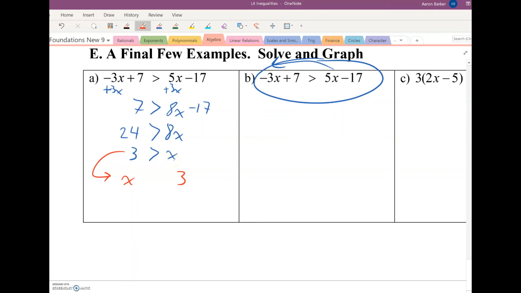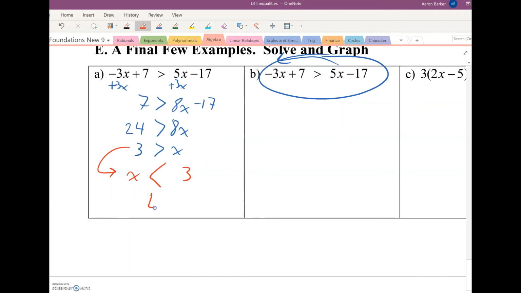It must eat the same food in order to not get sick. So when we flip-flop, we have to keep the sign eating the same number. x is less than 3 because that makes the letter L. Sideways L. Get it? Tricky, tricky. So now that we have x first, we can graph it easily, we can say it easily, and we can show it easily.